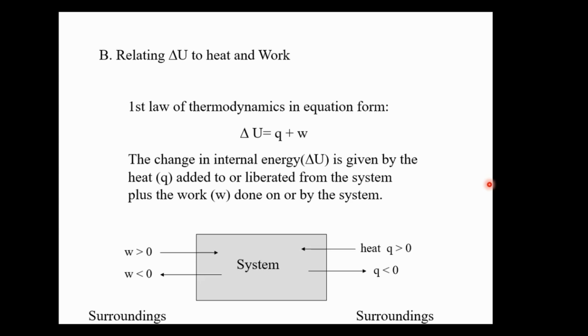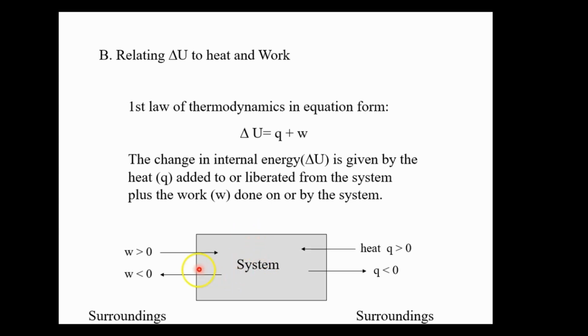Delta U, any change in internal energy, is equal to the sum of heat and work. Delta U equals Q plus W. So here's the equation form. We think of the system as being the chemicals themselves. When work is positive, we say it's being performed on the system and it can raise it up to a higher energy state.